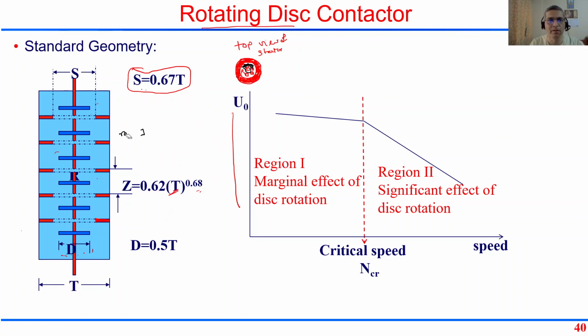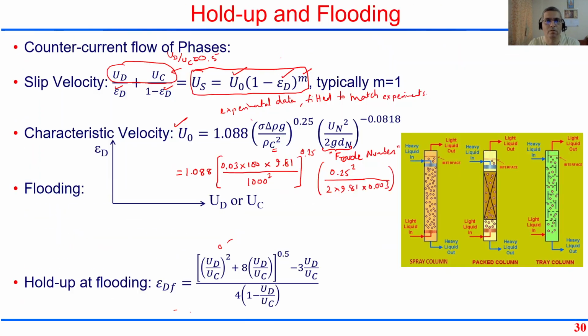Now if you see the characteristic velocity, the design procedure for this kind of equipment is going to be partly like a spray column, because there is partly a continuous flow of drops upwards, but there is also breakage and coalescence because of the agitator. So think about this characteristic velocity u0 that we talked about in the spray column.